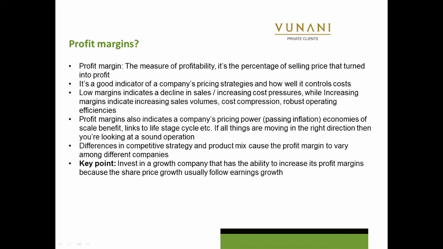Also, differences in companies' profit margins would come from how they've approached the market in terms of their competitive strategies. By competitive strategies, we mean: does the company have a cost focus, or a differentiated focus?